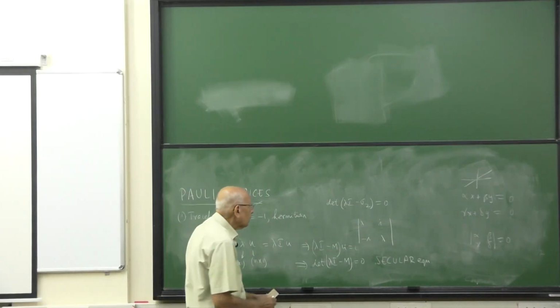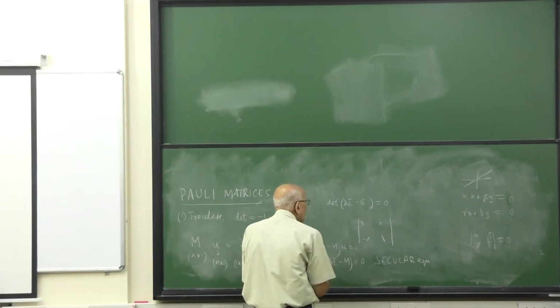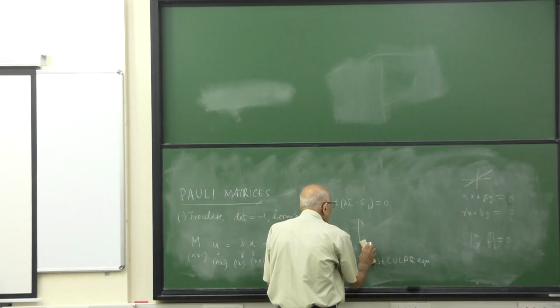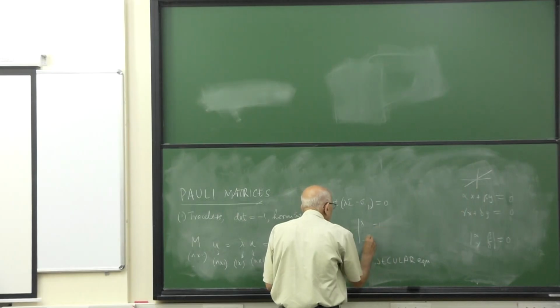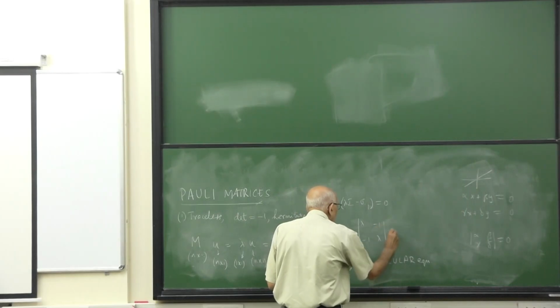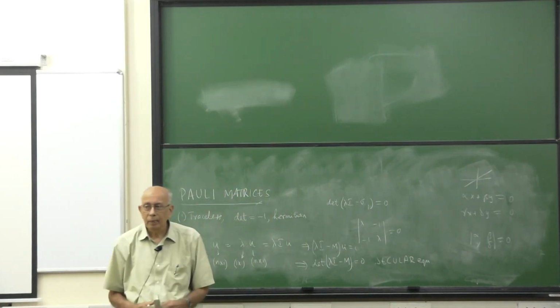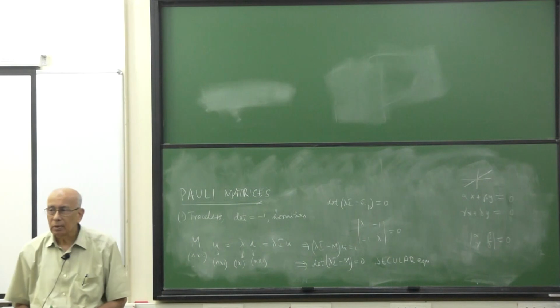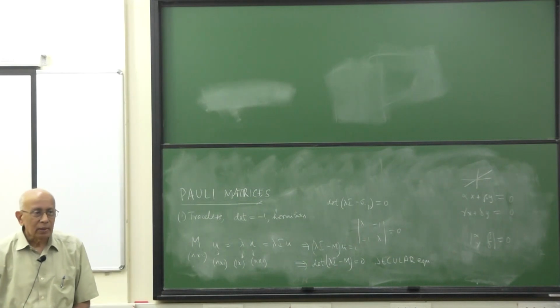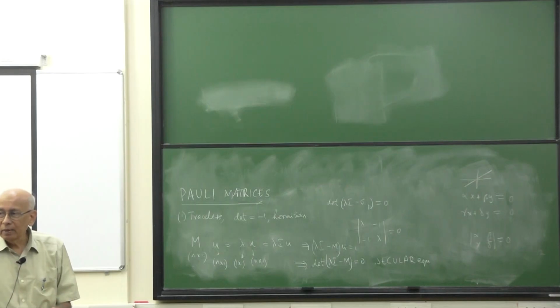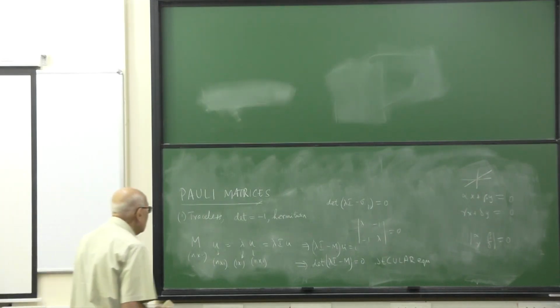What about sigma 1? What are the eigenvalues? Plus or minus 1. So every sigma matrix has eigenvalues plus minus 1. Okay.